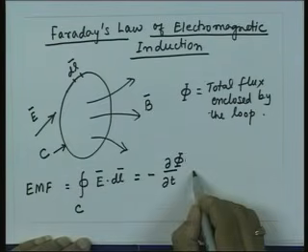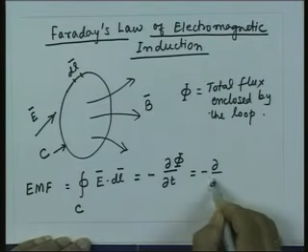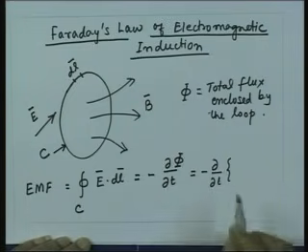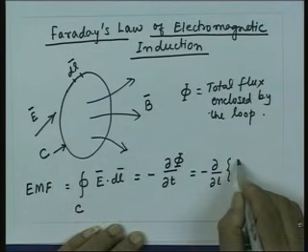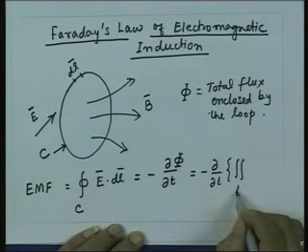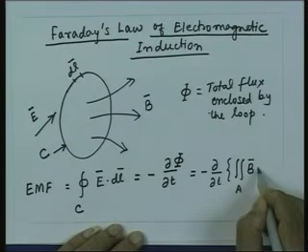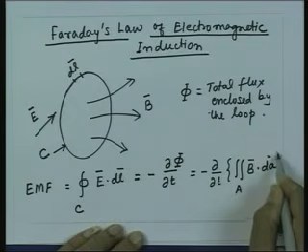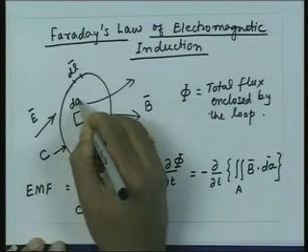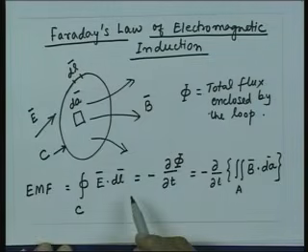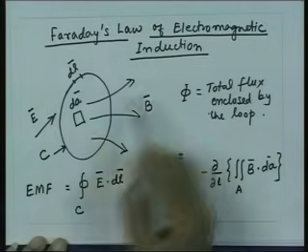Now, since the total magnetic flux enclosed by this loop can be found out by integrating the magnetic flux density over this area, I can write this as minus d by dt of the total flux, which you can find out by integrating this. So, it is the integral over this area of B dot dA. So, if I say here the incremental area is dA, then B dot dA gives me the flux perpendicular to this.